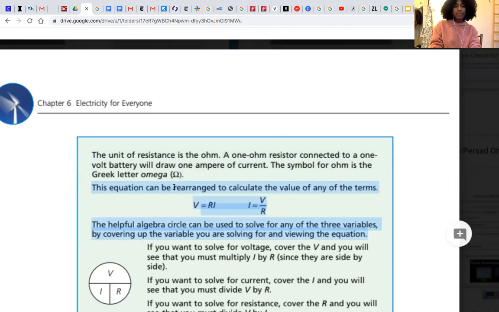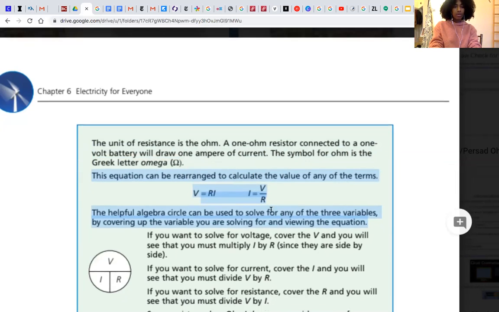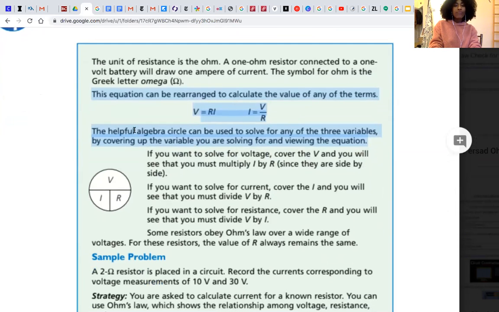This equation can be rearranged to calculate the value of any of the terms. V equals R times I, I equals V divided by R. The helpful algebra circle can be used to solve for any of these three variables by covering up the variable you are solving for and viewing the equation.